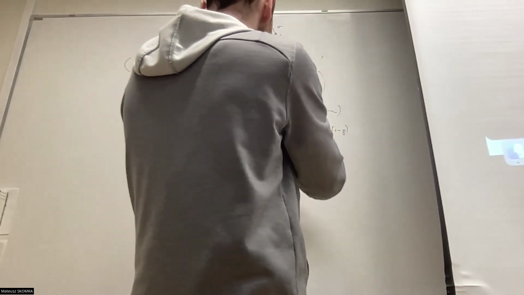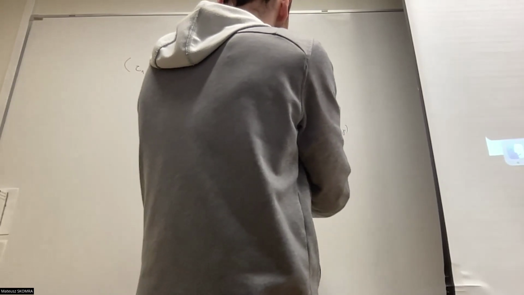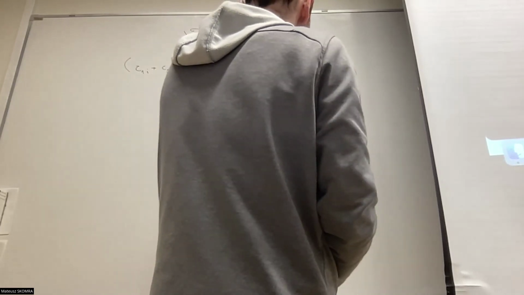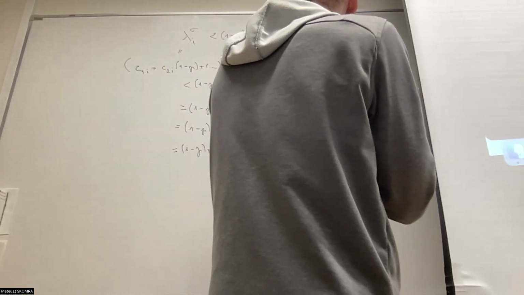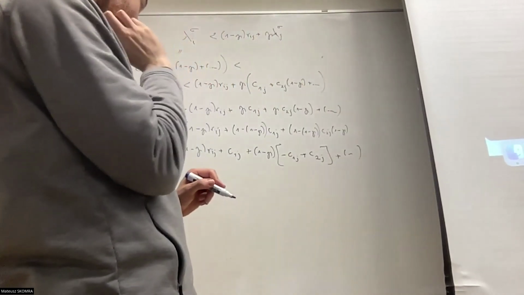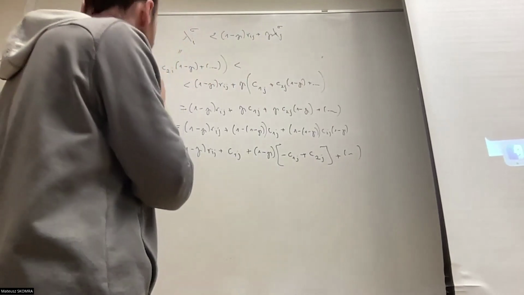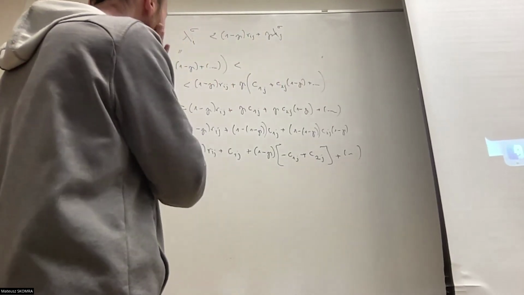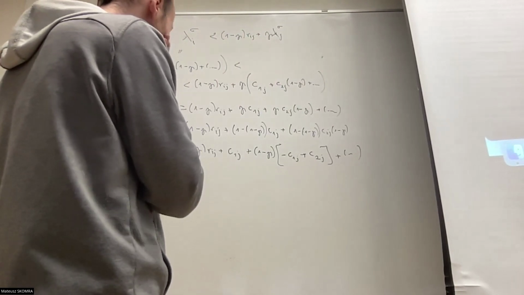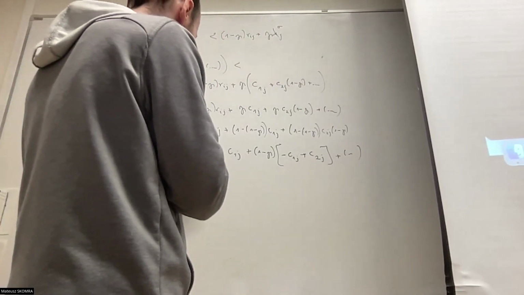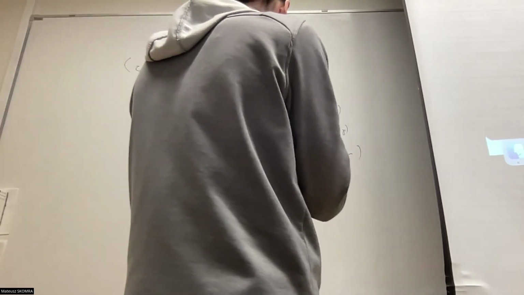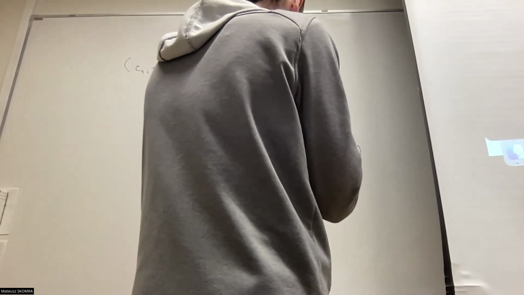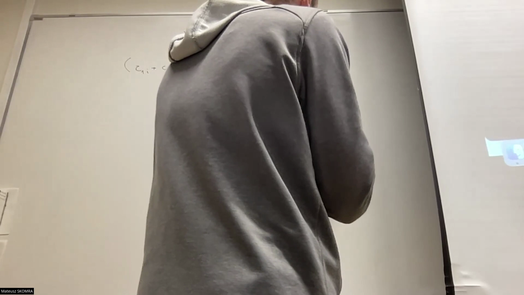And now what contains 1 minus gamma? We have minus C1J, and here you have plus C2J, and you have higher order terms. So you get C1J plus (1 minus gamma) times Rij minus C1J plus C2J, plus the dots.